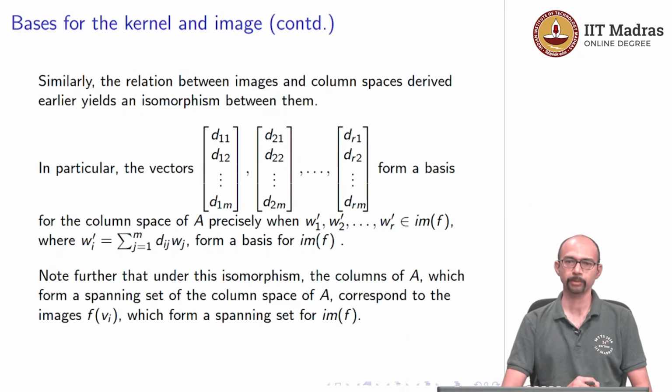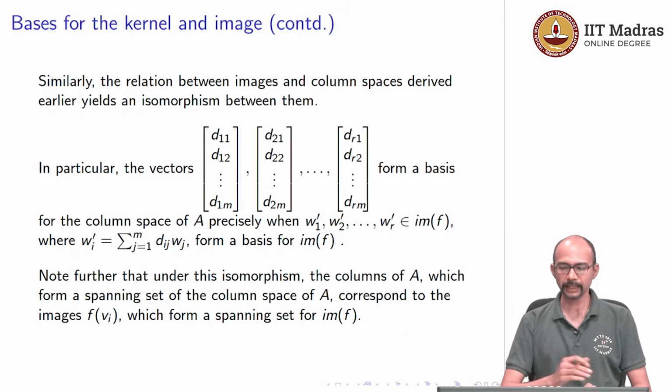As we have noted before, we can convert the problem of finding a basis for the image space to the problem of finding a basis for the column space, and that is something we know how to do. To find a basis of the column space, what do we do? We do row reduction, and once it is in reduced row echelon form, you look at the columns containing the pivot elements, and then the original columns are the ones which form a basis for the column space.